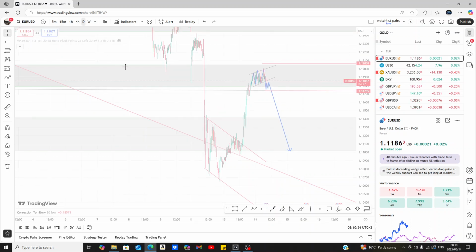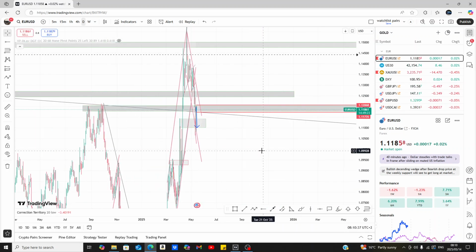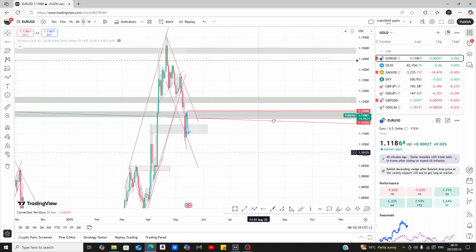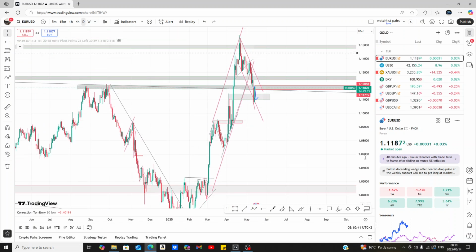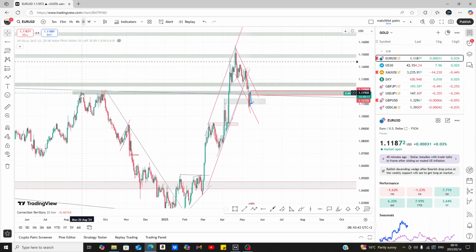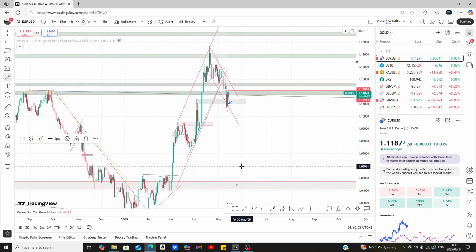And when I'm looking at this on a larger time frame, which is very interesting, as we can see, price previously, this was a major resistance zone, meaning we had a double top before the long sweep to the downside, right?